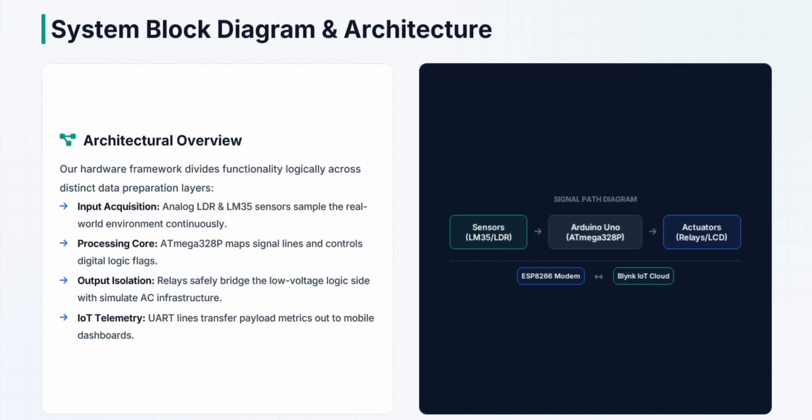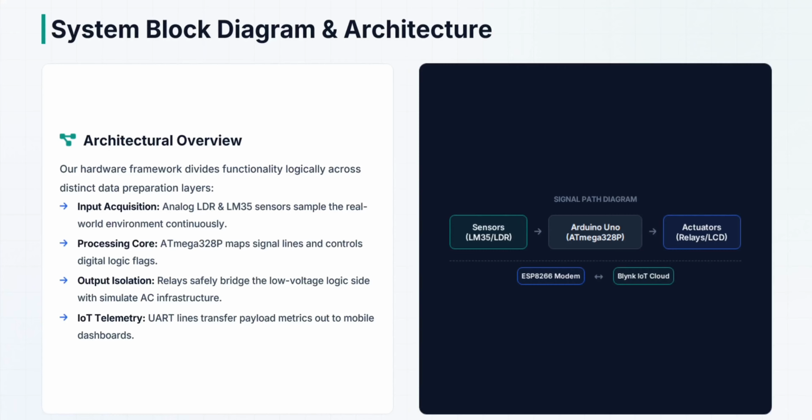To understand how these components interact, let us look at the block diagram. The system can be conceptually divided into three clear architectural layers: inputs, processing, and outputs. On the input side, we have our physical environment monitors.